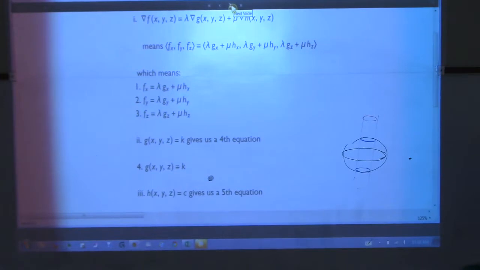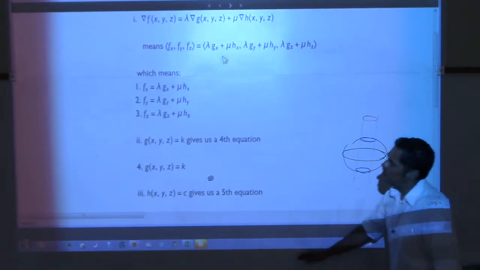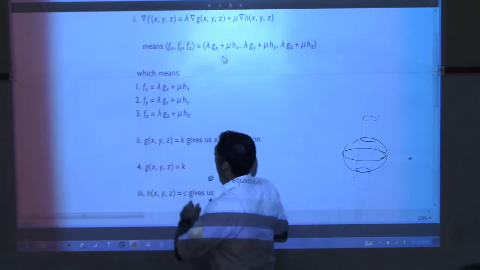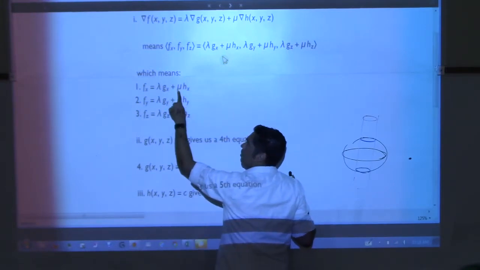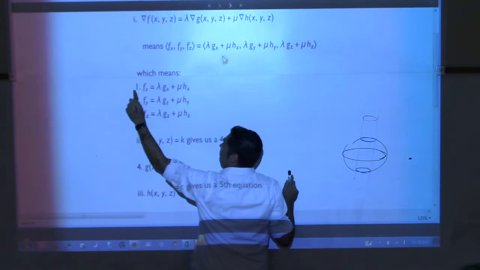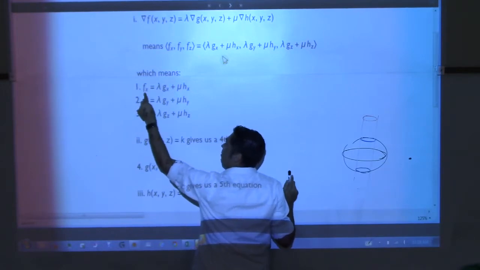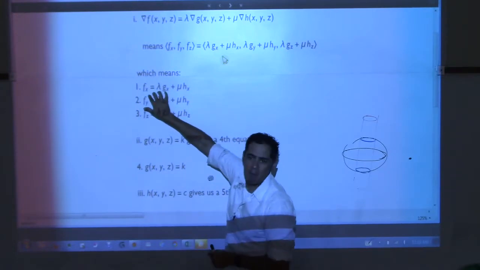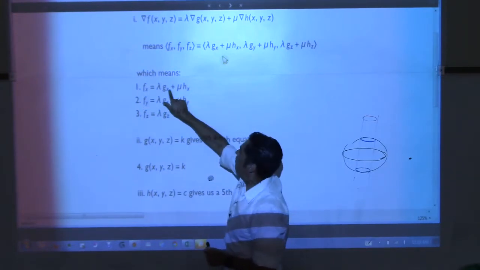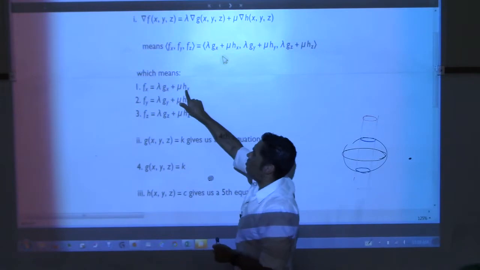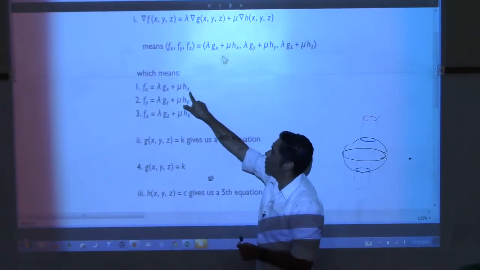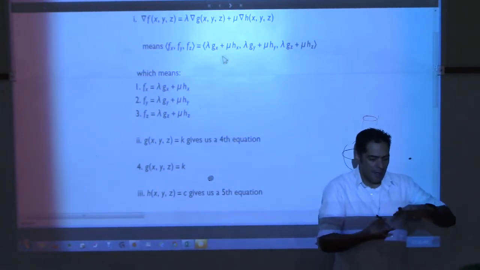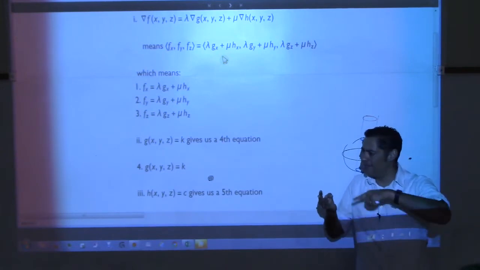You're still going to have 4 equations, but notice the difference on your first equation. What's this Greek letter? Mu. So the first equation is partial of f with respect to x equals lambda, partial of g with respect to x. That's the same thing it was before. But now you have plus mu times partial of h with respect to x. So you're going to have x, y, z, lambda, and mu.